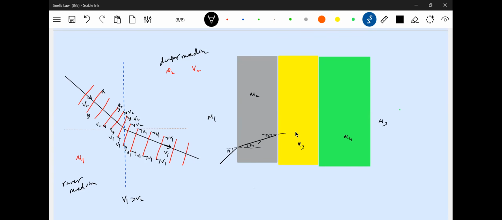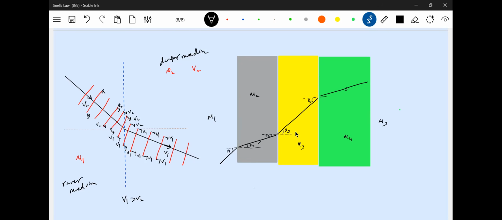Now let the ray of light be moving from, say, denser to rarer. It will undergo refraction. It will bend away from normal, theta 3. Now the ray of light is moving from one medium to another medium. Let it be again moving from rare to denser.